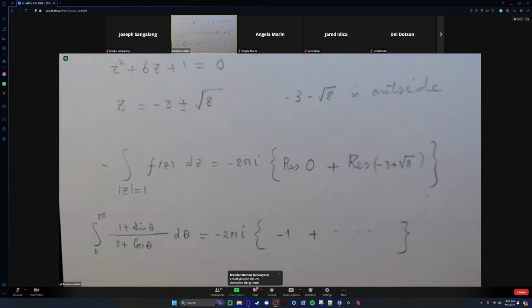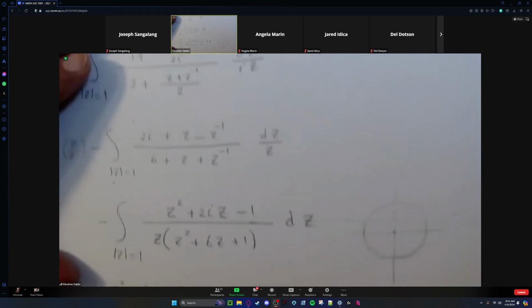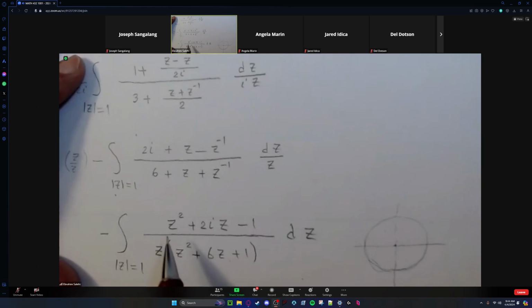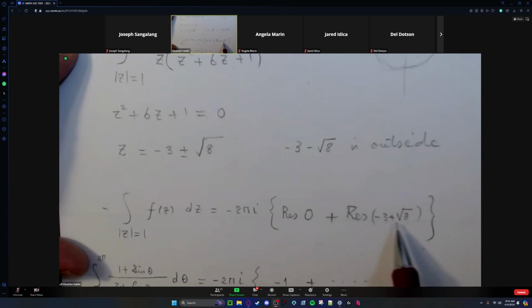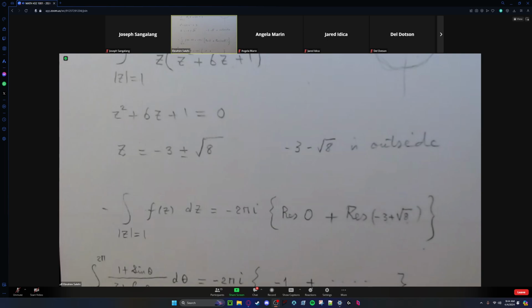You can use the rule, that's good. And remember, it's going to be numerator divided by derivative of denominator. And after finding it, you simply replace z by this. Okay, sure. So that's it. That will be the value of this problem number 3.